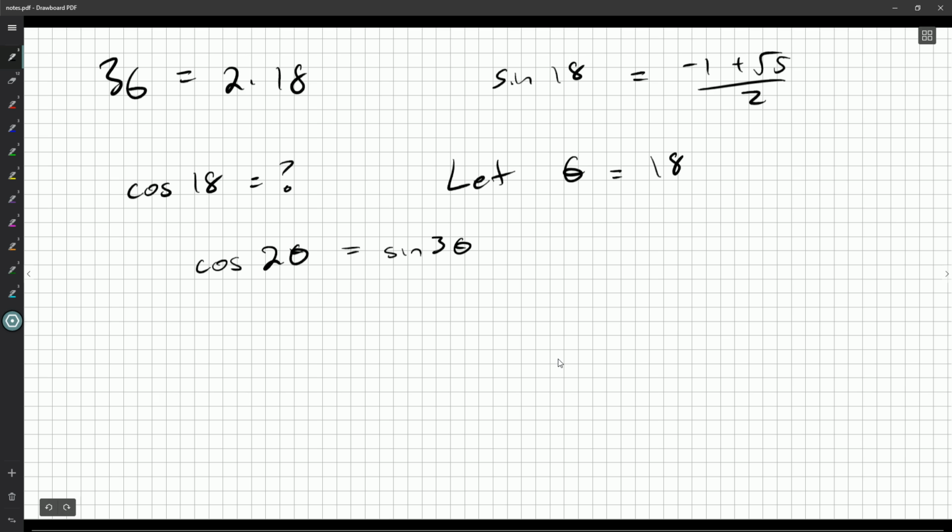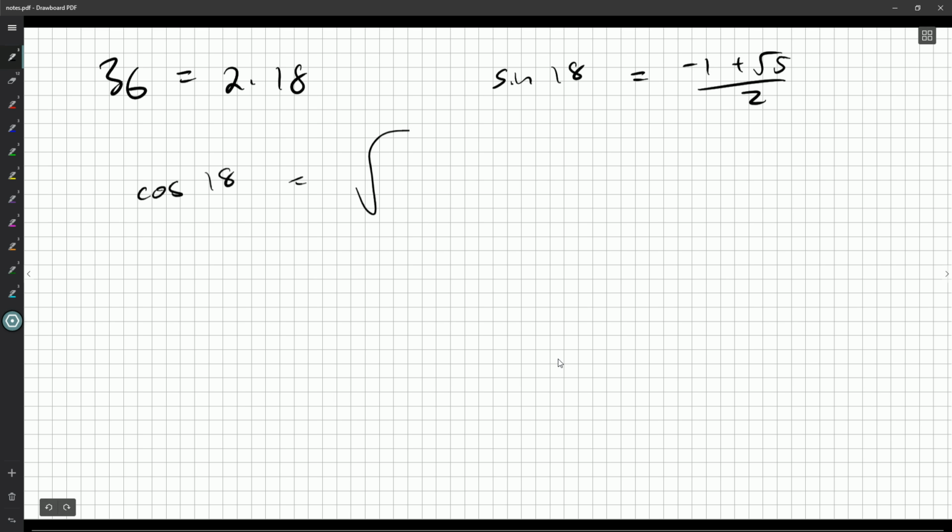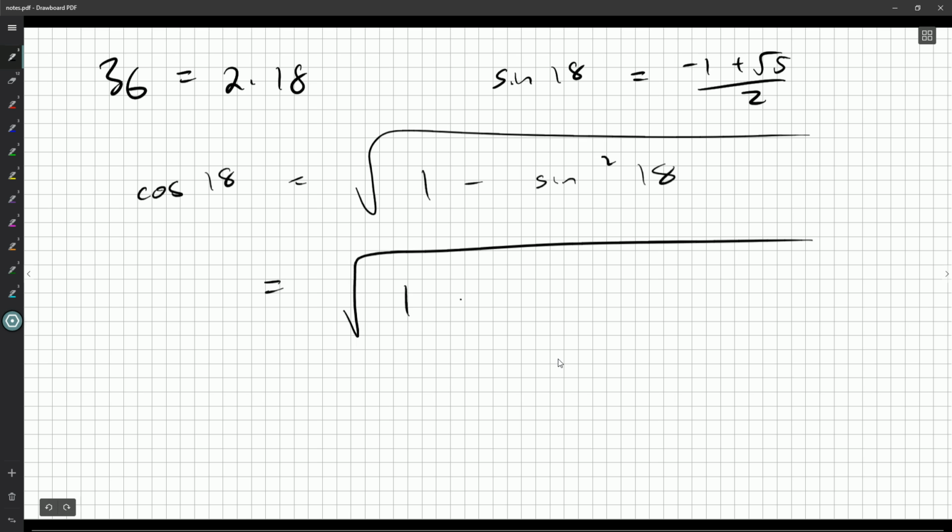But I want an expression only involving cosines. Well, okay, actually, I guess we could just use the Pythagorean identity. That might be a little easier than trying to... I don't know why I didn't think of that first.